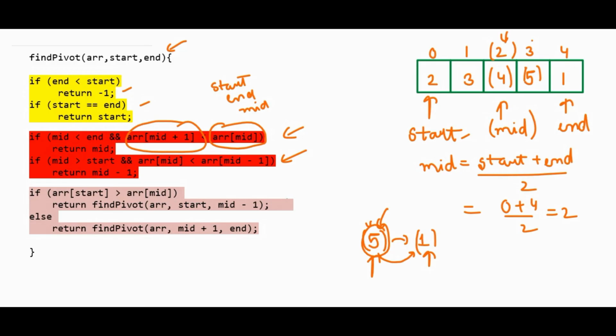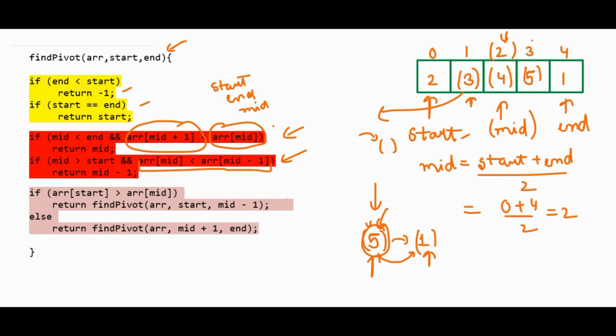Now let's check for mid minus 1, if mid minus 1 is pivot element or not. So for mid minus 1 to be pivot element, the same condition should be true, that array of mid, that means 4, should be less than array of mid minus 1, right? As it is written here. That means if this is a pivot element, it should have on the right side a smaller element, as we have seen here. So 3 is not a pivot element here, because on the right side of it we have 4.